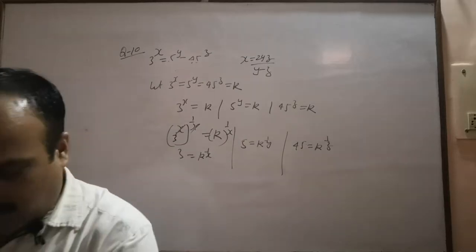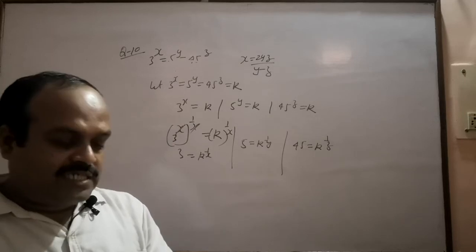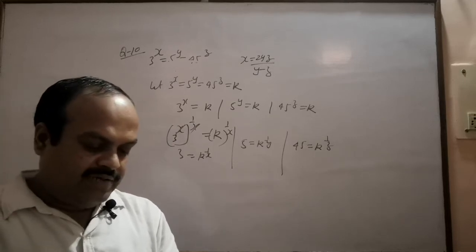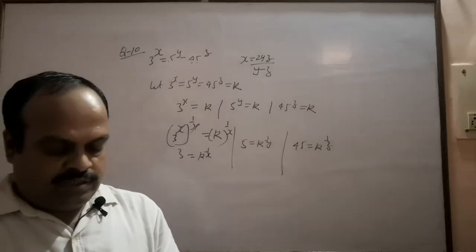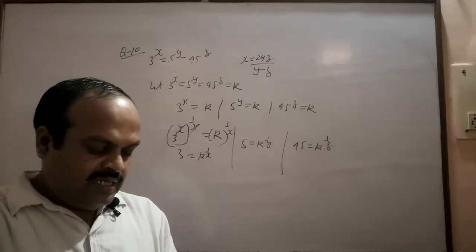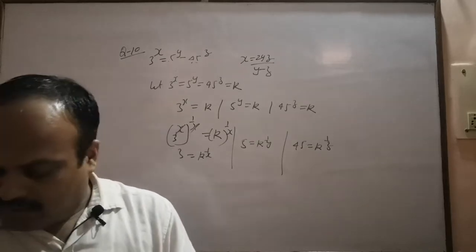Now, since I have expressed each of the bases, I mean 3, 5 and 45, in terms of k, we will use a trick to get that result.